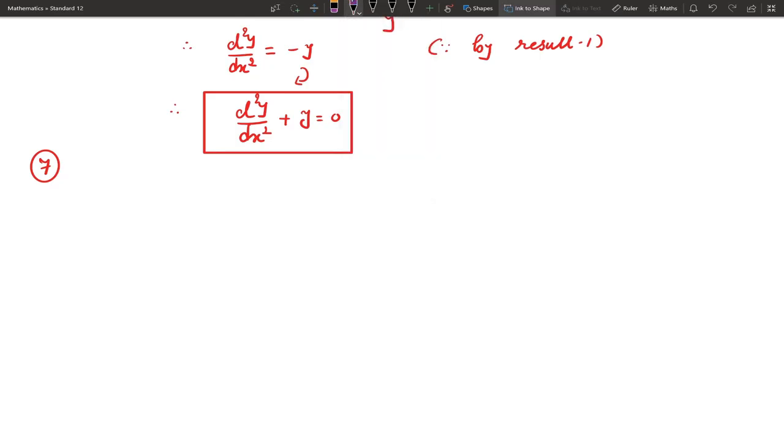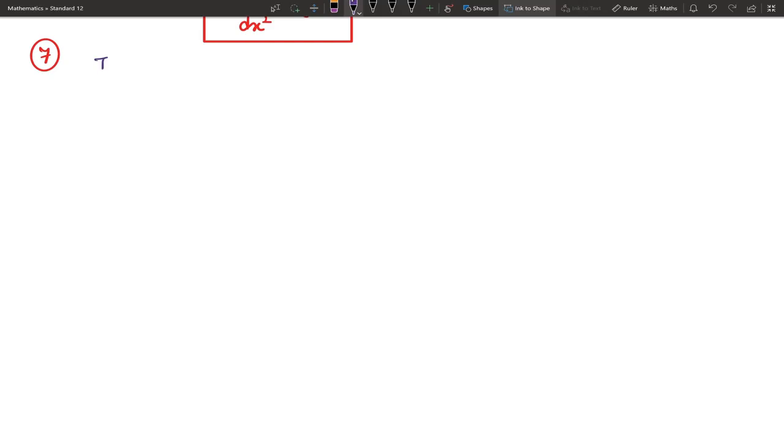If y equal to cos inverse x, find d2y by dx2 in terms of y alone.